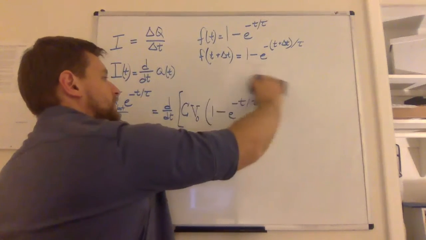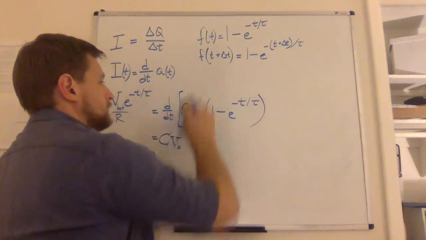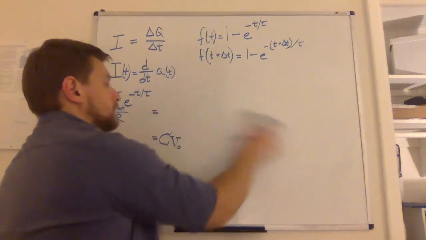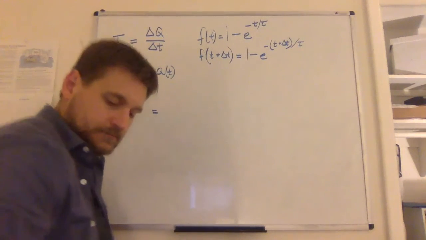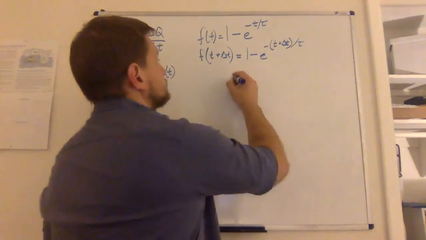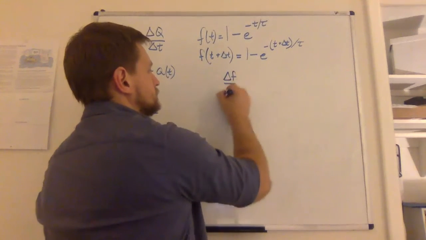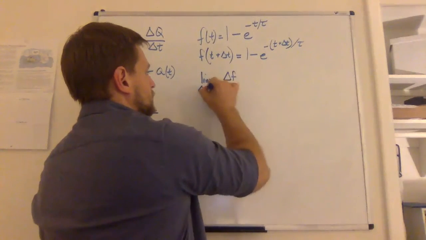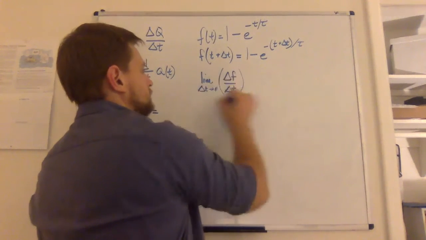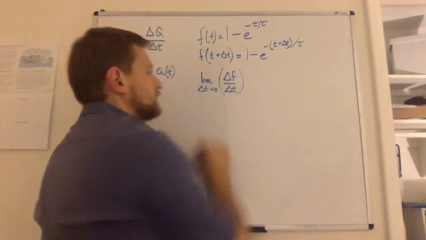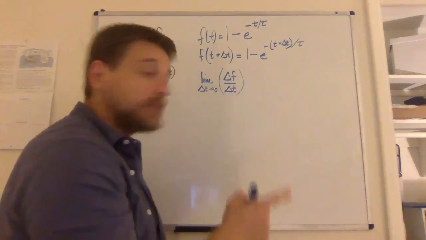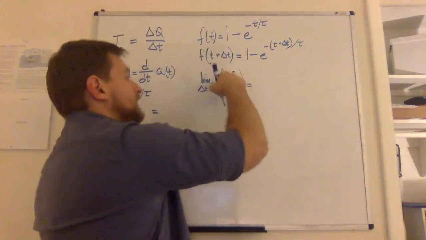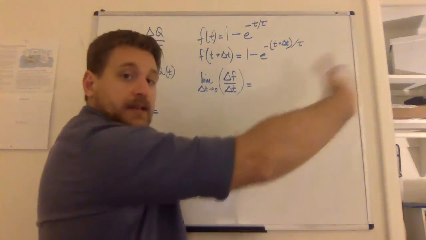I'll erase this for now. I'll put this back, don't worry. The limit, as delta t gets really, really small, of this. All right. Delta f is the new value minus the old value.